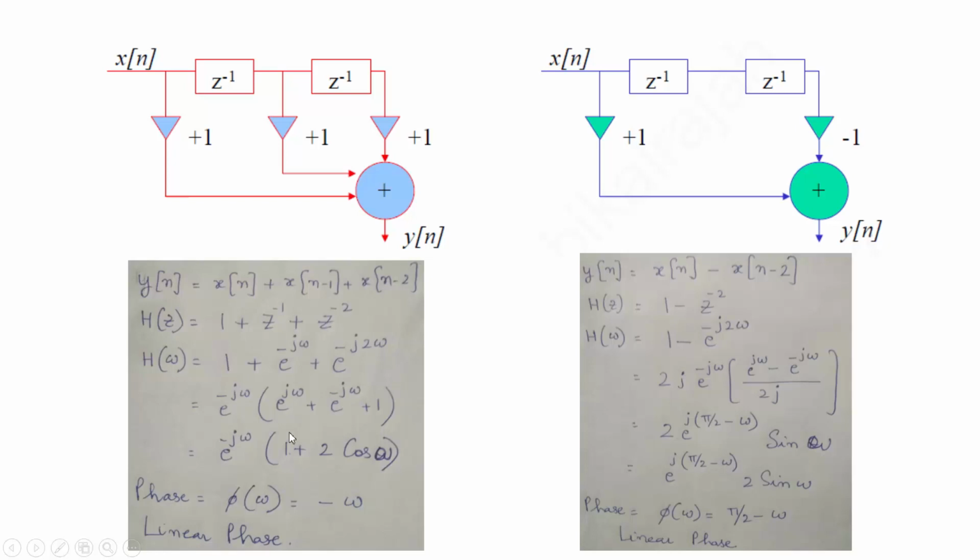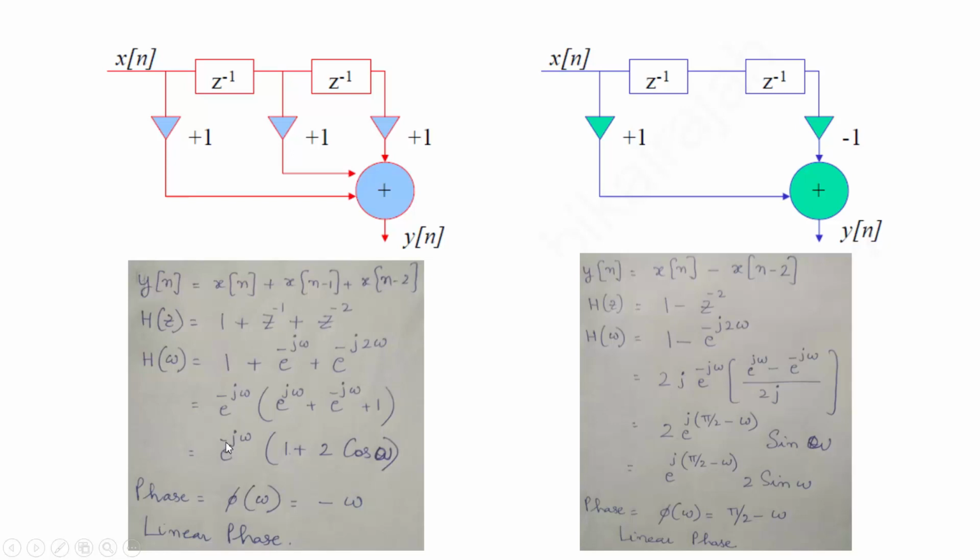Now by applying Euler's relationship, we know that cos theta is equal to e to the power j theta plus e to the power minus j theta divided by 2. So this has to be 2 cos theta. This internal expression can be 1 plus 2 cos omega, and this outside term will remain. 1 plus 2 cos omega is actually the magnitude term, and this is the phase term.